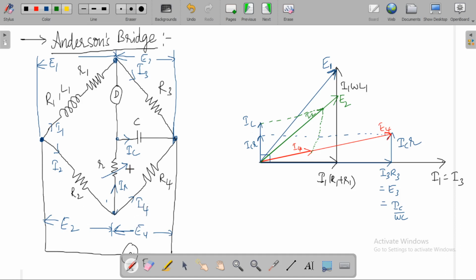So the phasor sum of E1 and E3 gives E. Similarly, the phasor sum of E2 and E4 is also E. So this will be E. E is the phasor sum of E1 and E3, or E2 and E4.